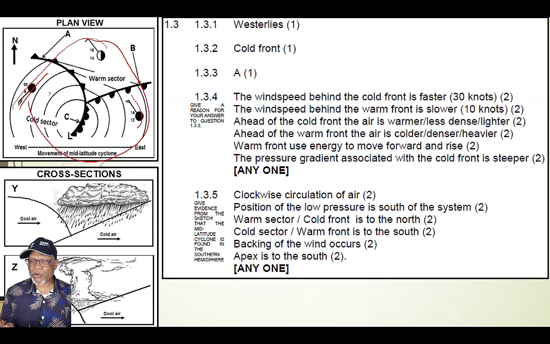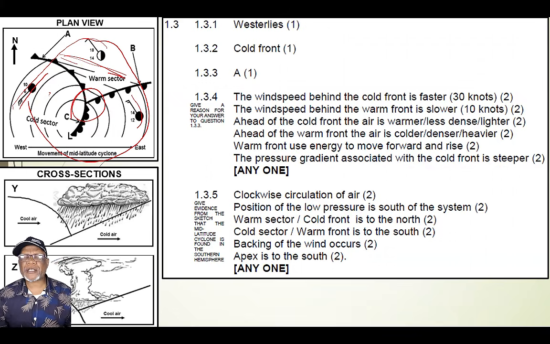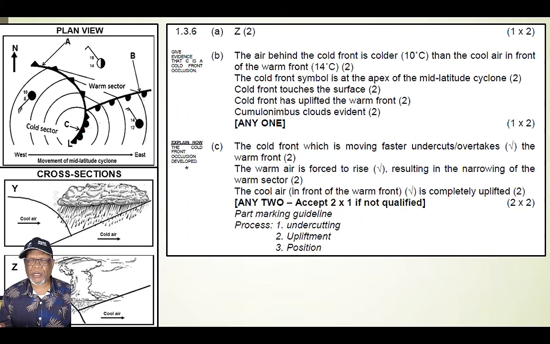The warm sector is in the north. And backing of the wind occurs. The backing is this change of wind direction. And the apex is to the south. You can see the apex being at the south. The apex would have been in the north if it was in the northern hemisphere.